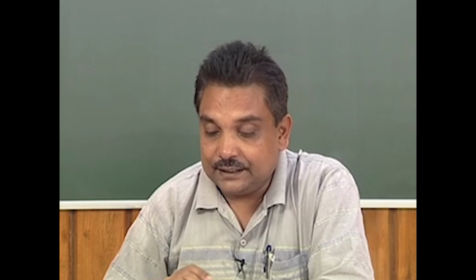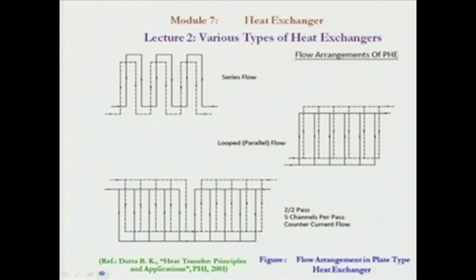And this is the figure that shows us some flow arrangements in case of plate type heat exchangers. You can see that this is a series flow. That means that from one plate it is going to the other plate, and this is going to the other plate. The hot and cold fluid, the two different fluids. This is say fluid 1, and this is say fluid 2.